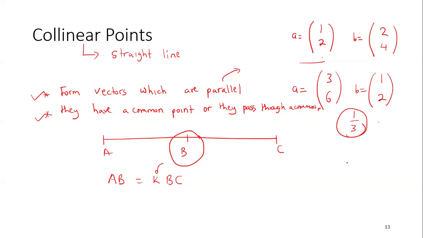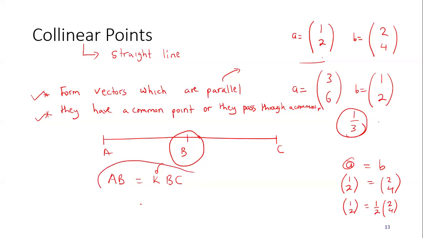For our case in the example I gave you where you have A and B, whereby A was 1 and 2 and B was 2 and 4, in order for us to get exactly the other vector, you note that if I say a half of my vector 2 and 4, I'll get exactly my A. So K is that multiple, which when you multiply with BC, you get exactly AB. Now, this is what we are going to be doing.